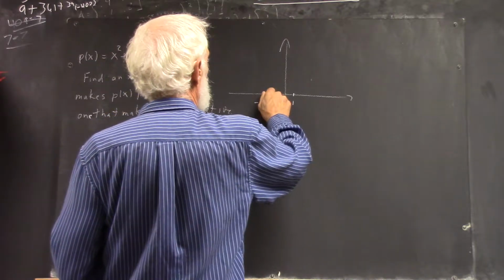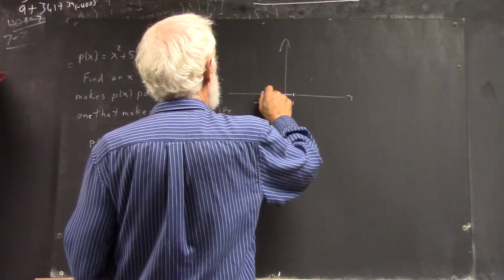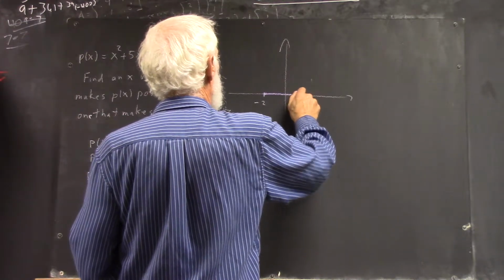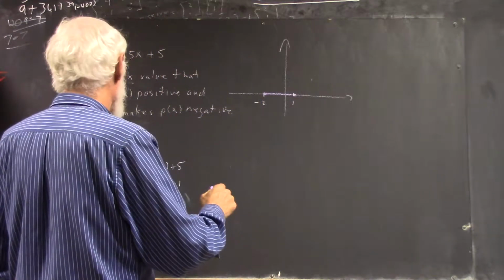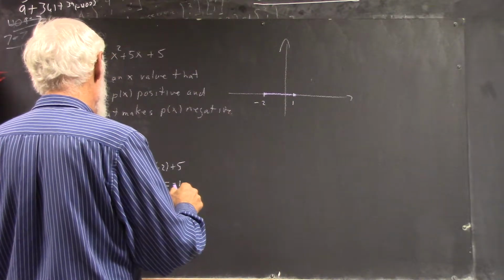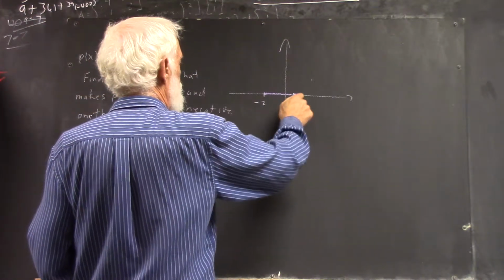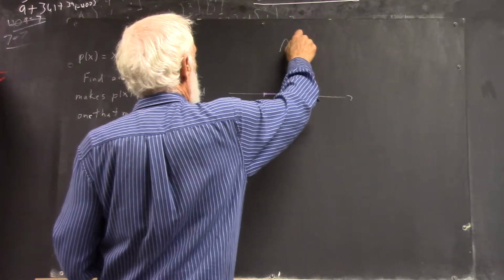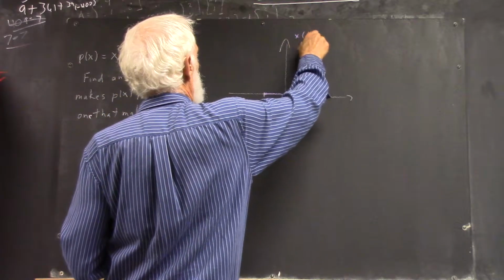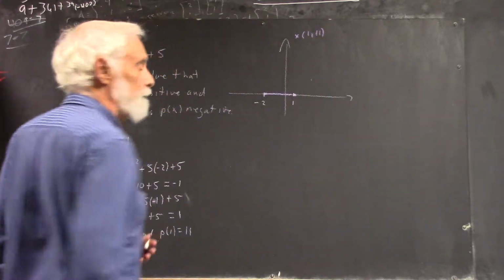So here's my purple interval, -2 to 1. And we know that at 1, the value of the function is 11. So we got the point 1, 11. Okay?